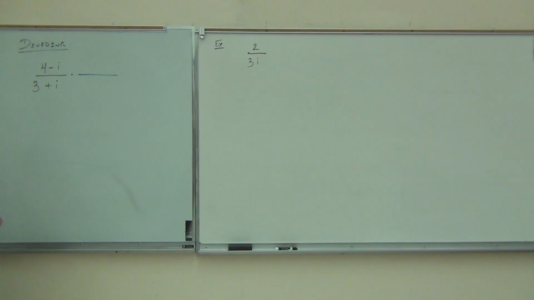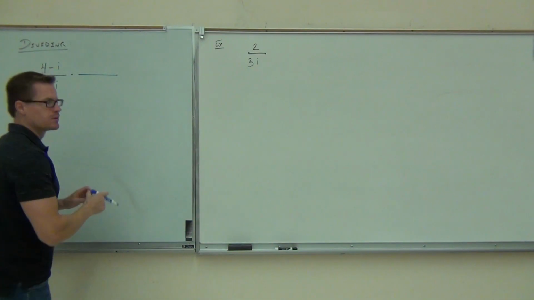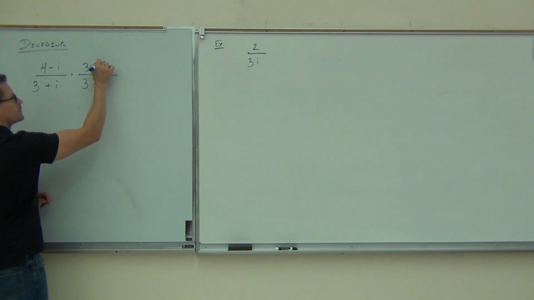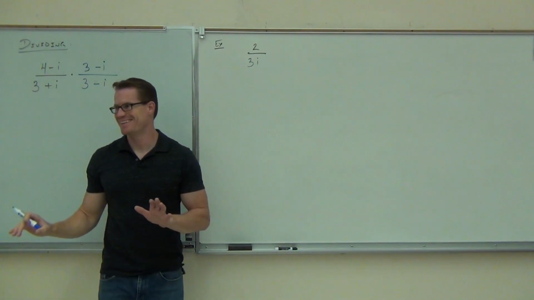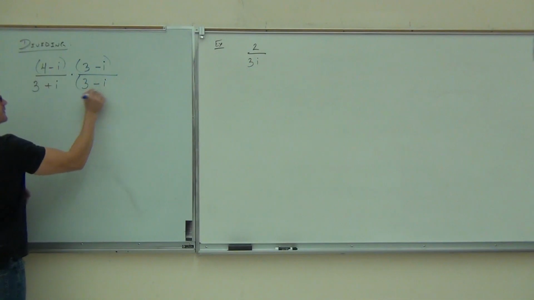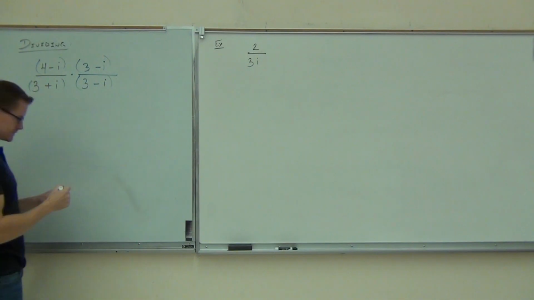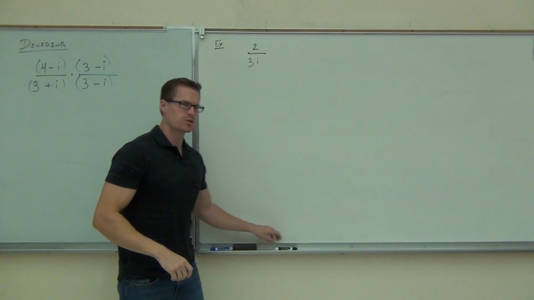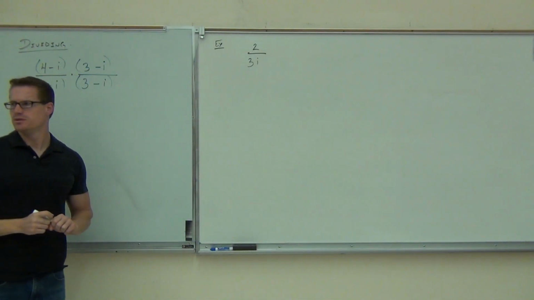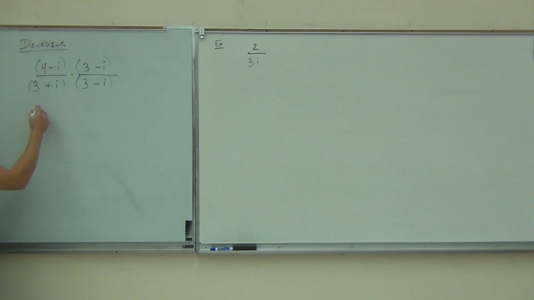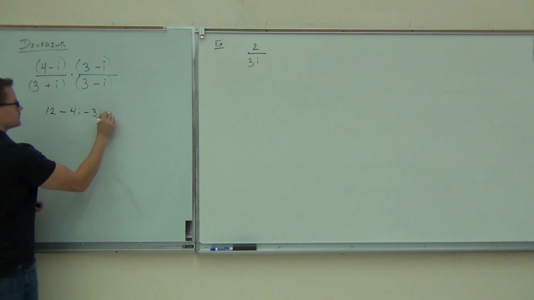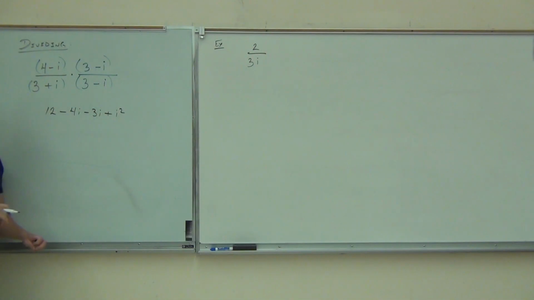Hey, what's the conjugate we should be working with up here? 3 minus I. Yeah, and don't let it change into a 1, right? That would be a bad thing. Hopefully you multiply by 3 minus I over 3 minus I. Did you get that on your numerator?